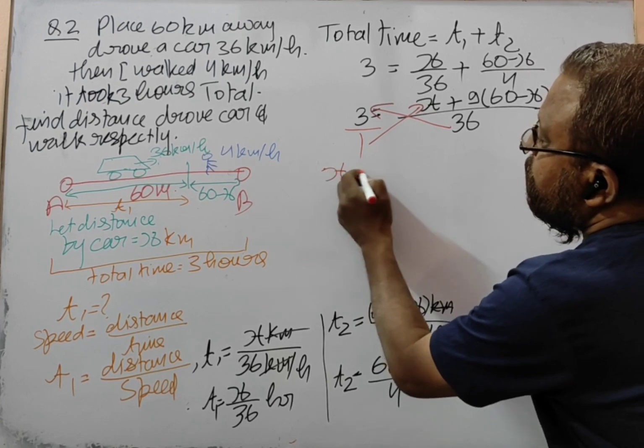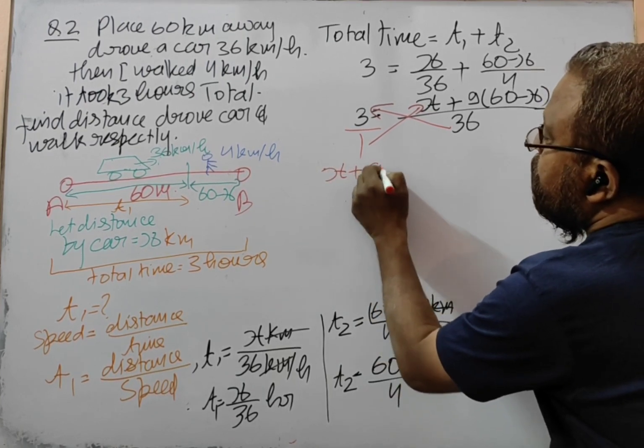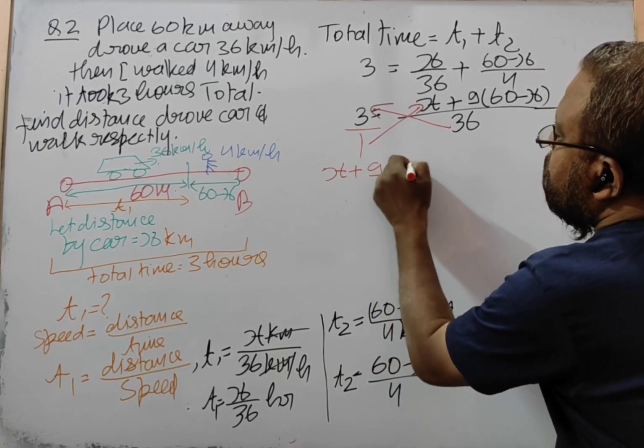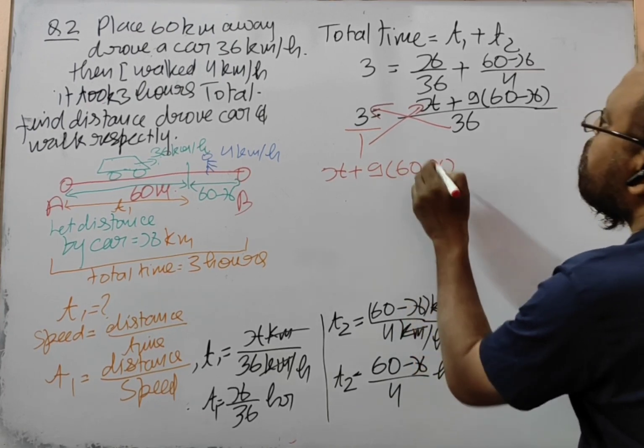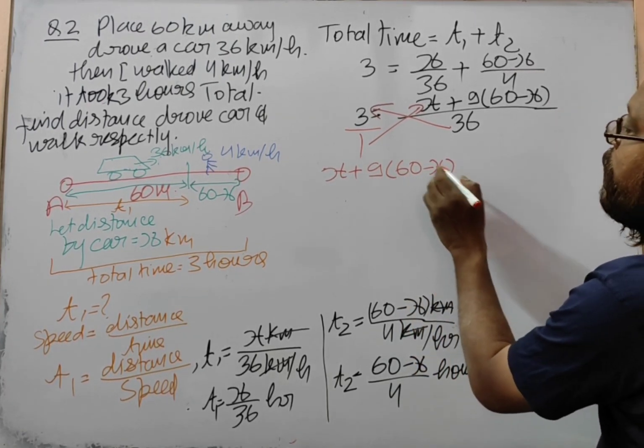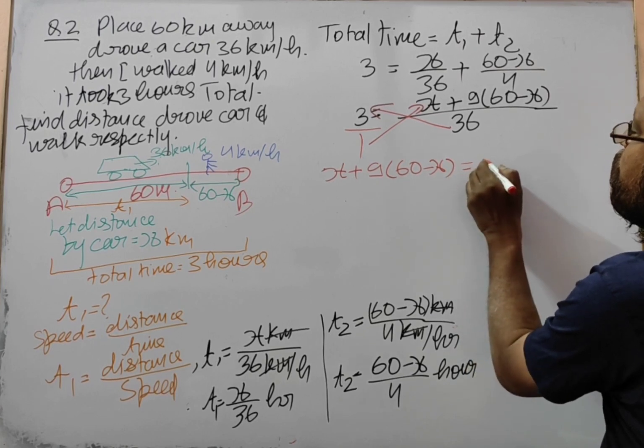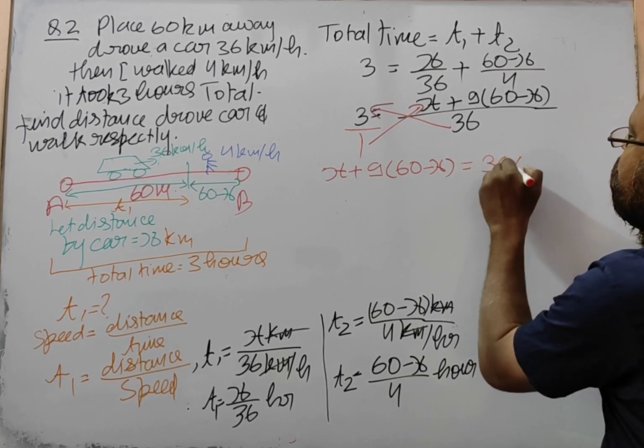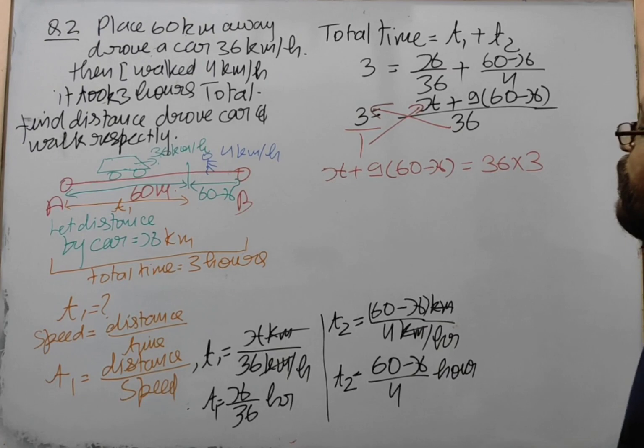x plus 9 bracket 60 minus x, right, is equal to 36 into 3, right?